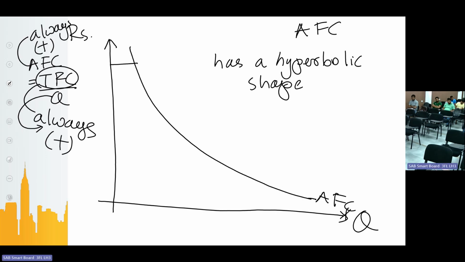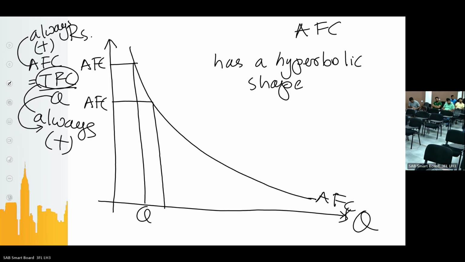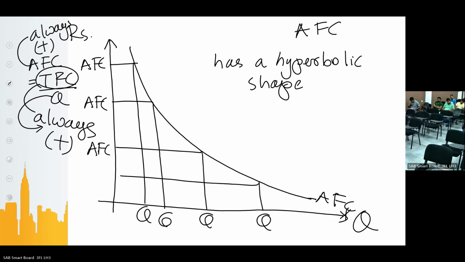If we multiply AFC values and the output: this is Q1 and the corresponding AFC value is AFC 4.